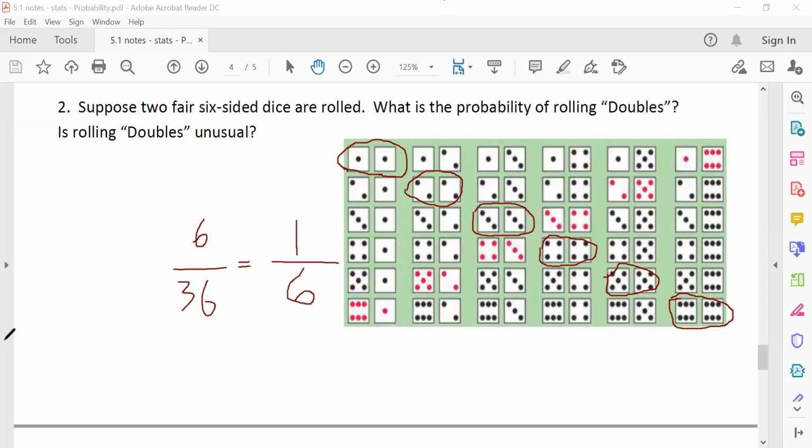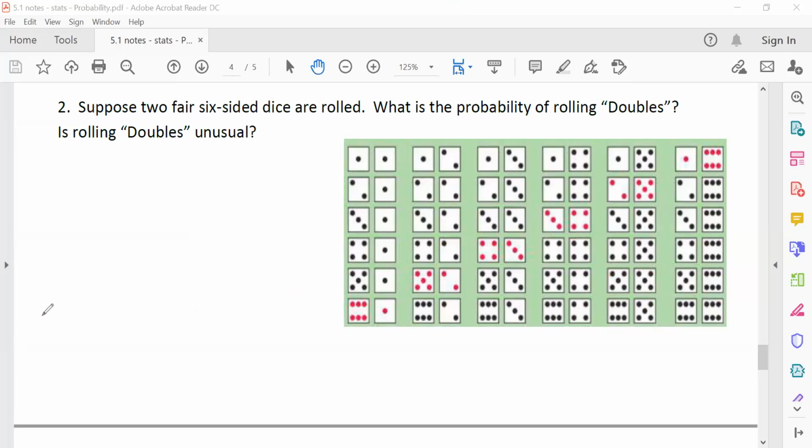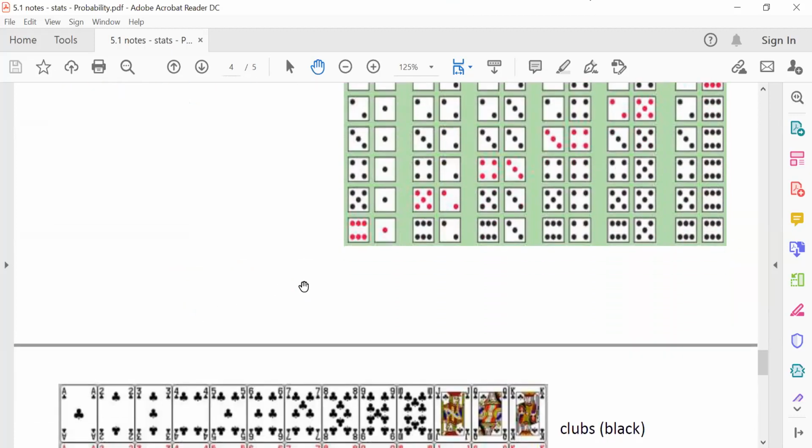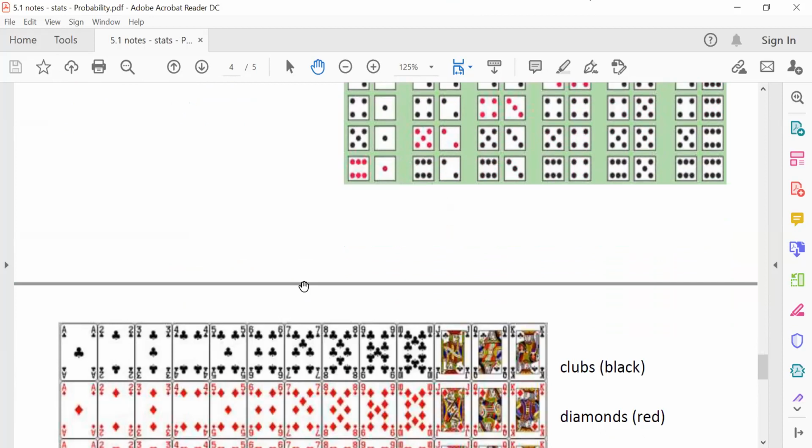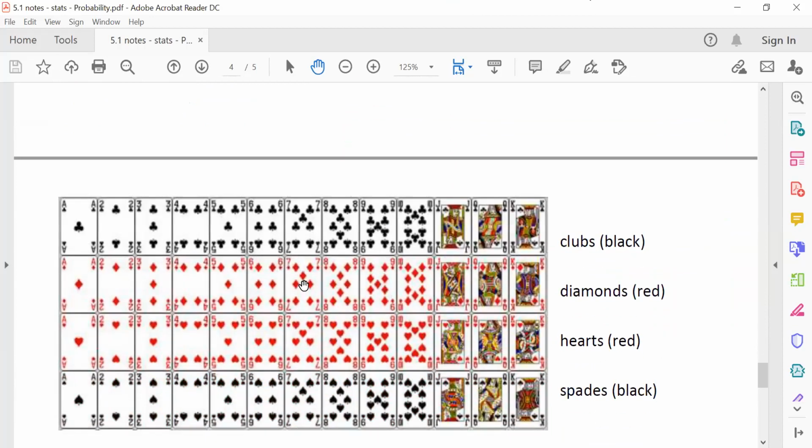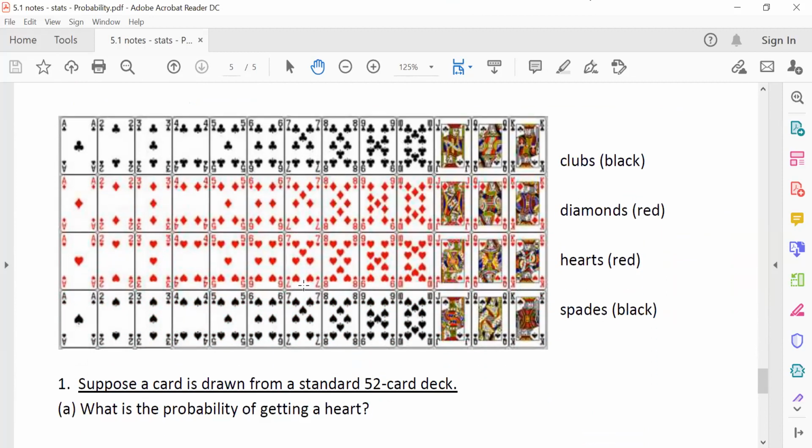So it's pretty straightforward how this operates. 1/6, of course, becomes 0.1666666, or 16.67% if you round it to 2 decimal places and convert it to a percent.